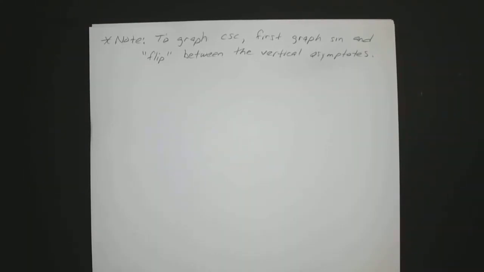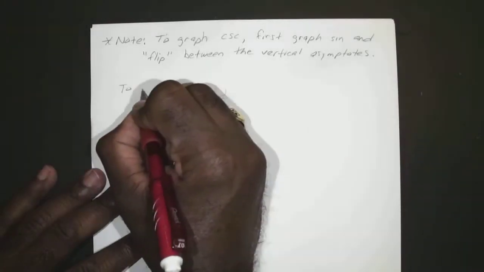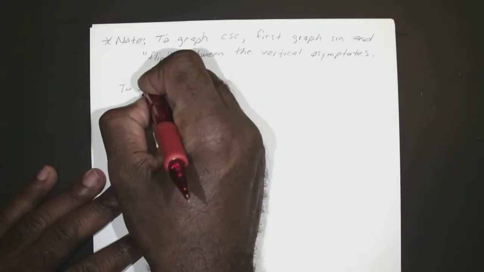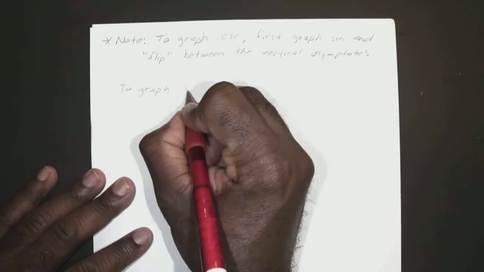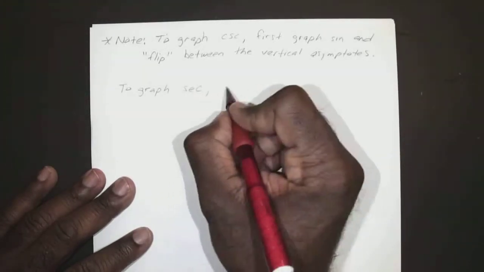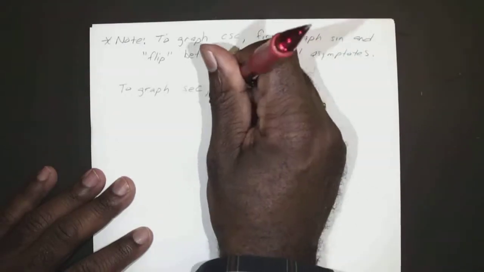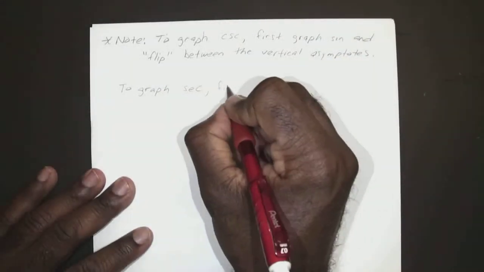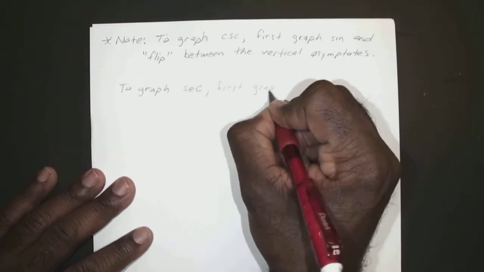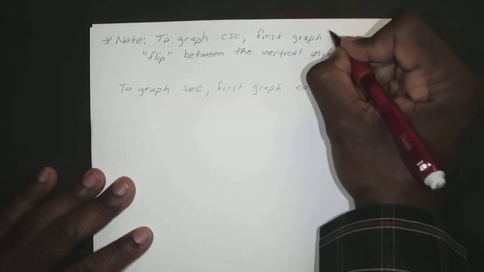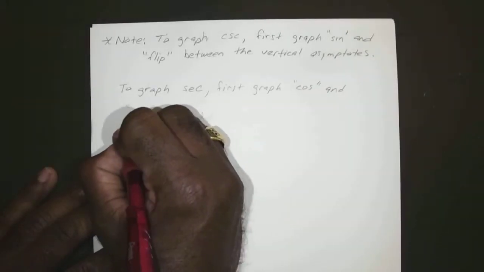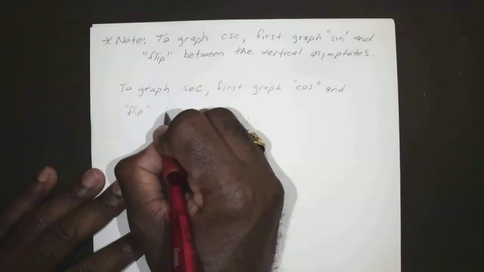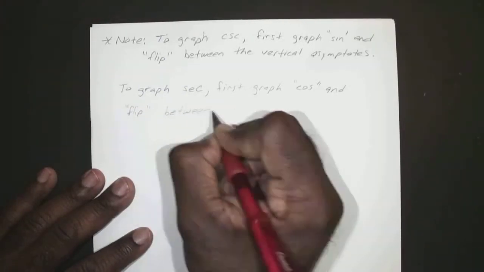Now to graph secant, we do the same thing, but we do it with cosine. To graph secant, first graph cosine. I'll make sure I highlight those. And then flip between the vertical asymptotes.